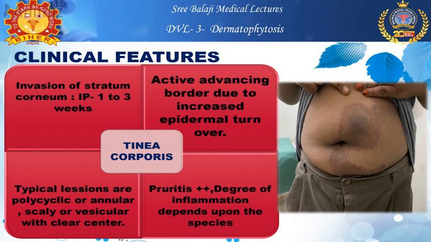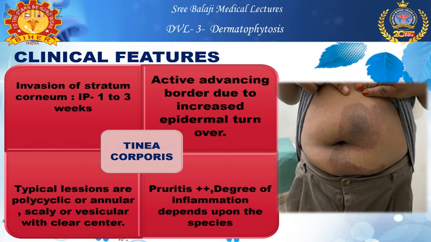The classical lesion here is an annular lesion with an advancing border with a central clearing. This is how we describe a typical lesion of a tinea. A typical tinea will have an erythematous advancing border, which can be studded with pustules or papules, with central clearing, and in the border scaling can be seen because of the increased epidermal turnover.